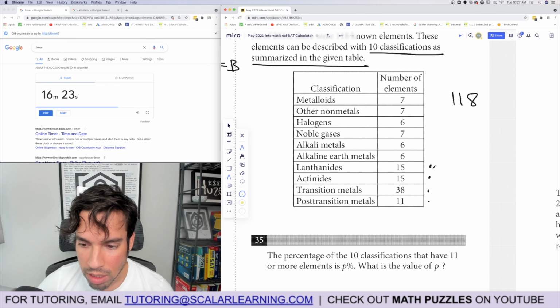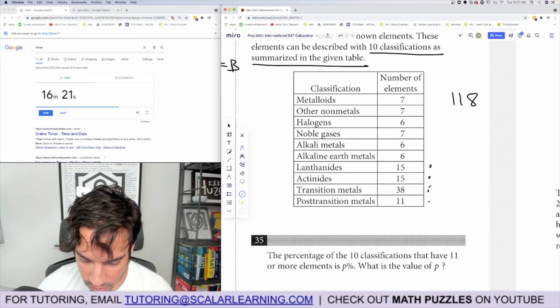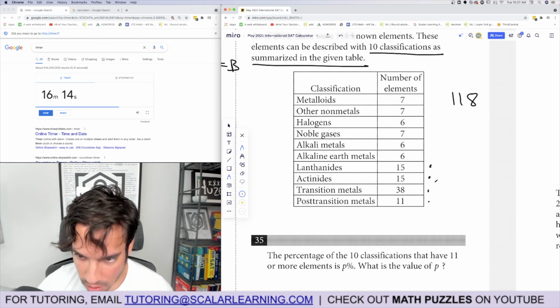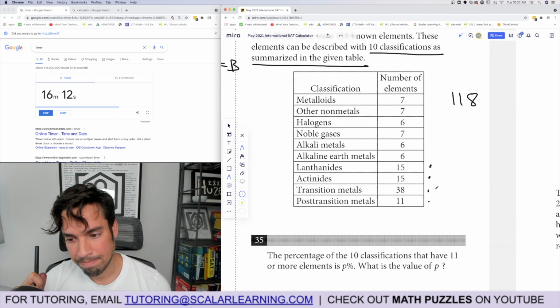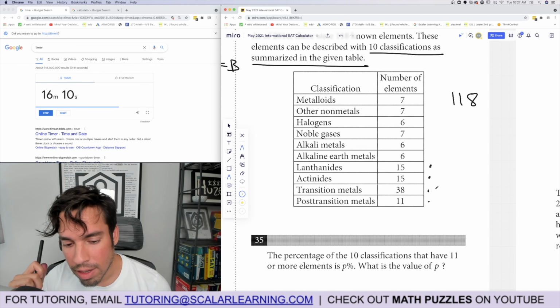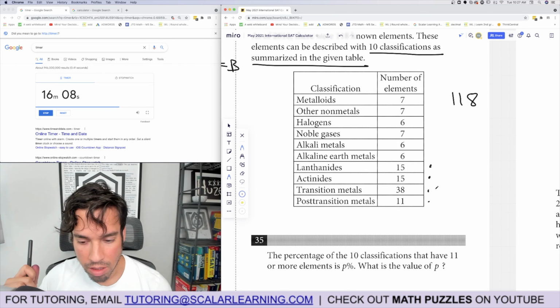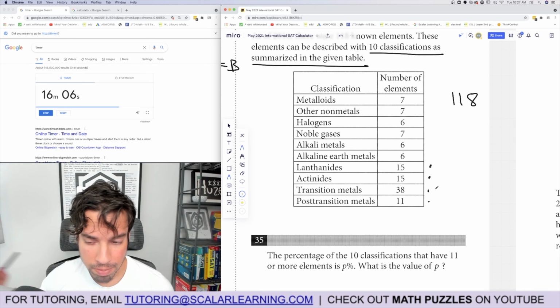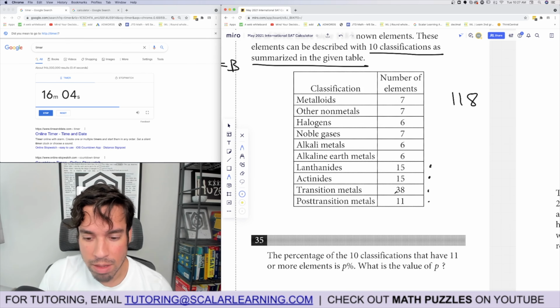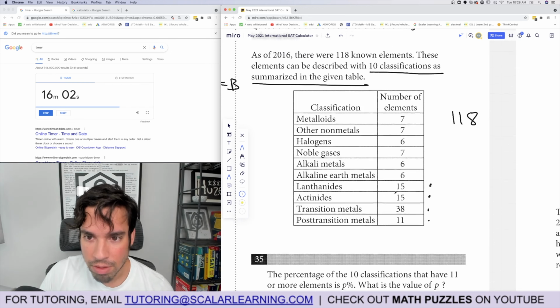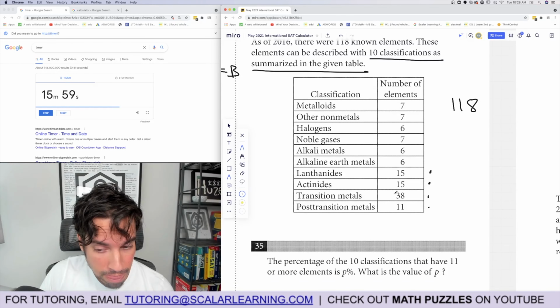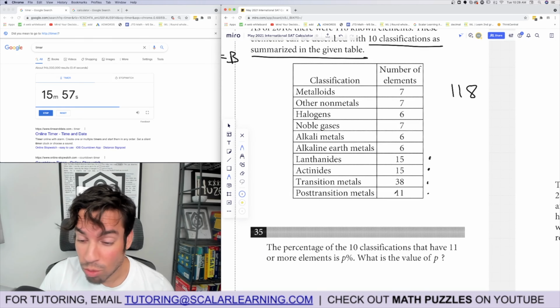So it's literally, wait. Now here's the question. Do I add up these values and find the percentage out of 118? Or do they mean it's simply 4 out of 10, which is 40?